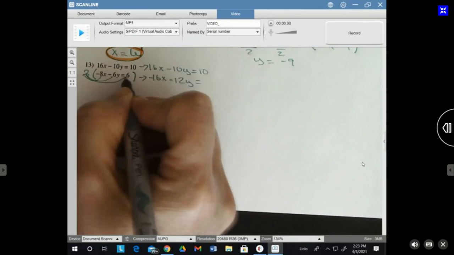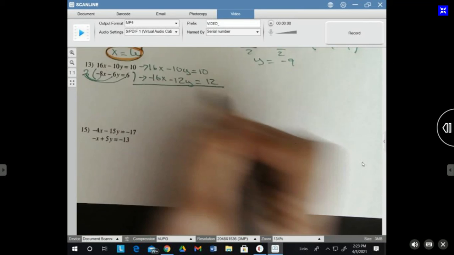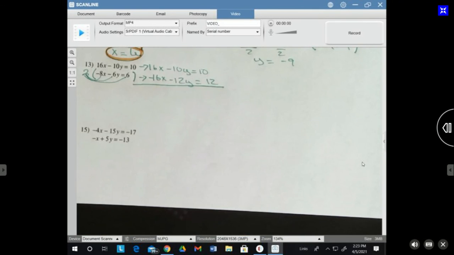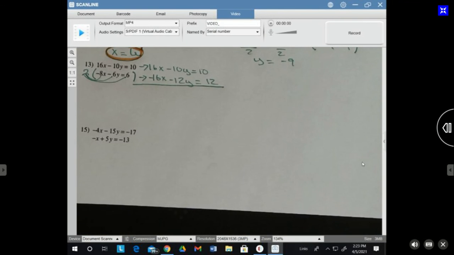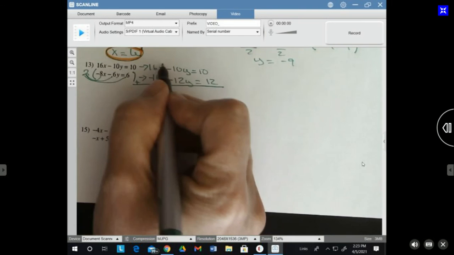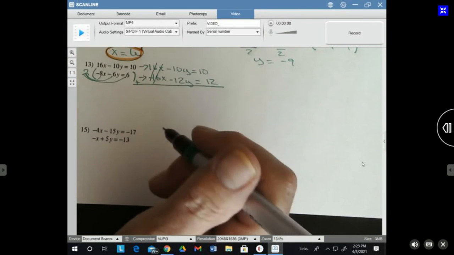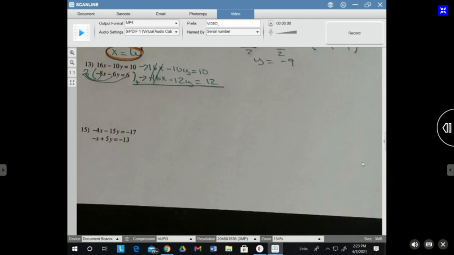And 2 times 6 is... Now I've got a positive 16 and a negative. Now I can eliminate. I'm going to add, and the x's are gone. Be careful. What's a negative 10 plus a negative 12?